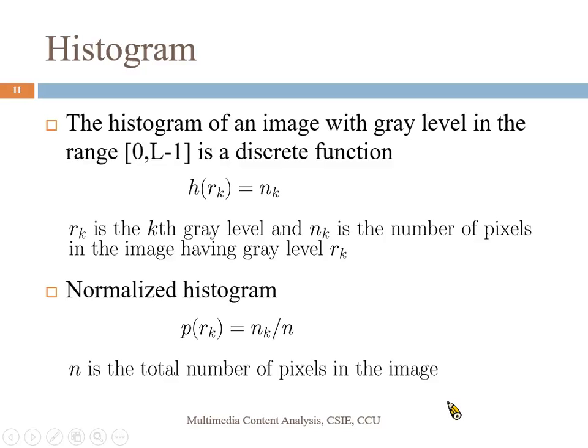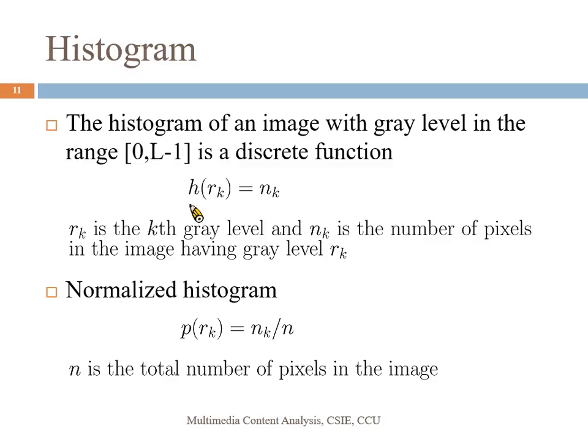The next important thing is the histogram. The histogram of an image with gray levels is a distribution indicating how many pixels have a specific gray level.